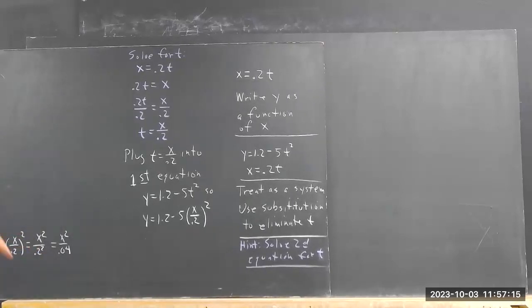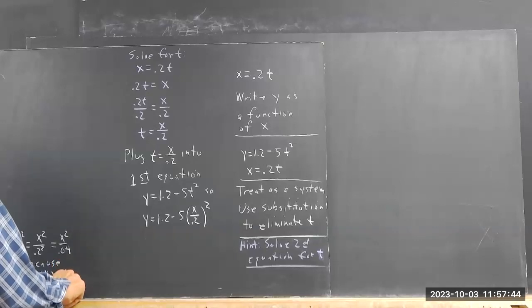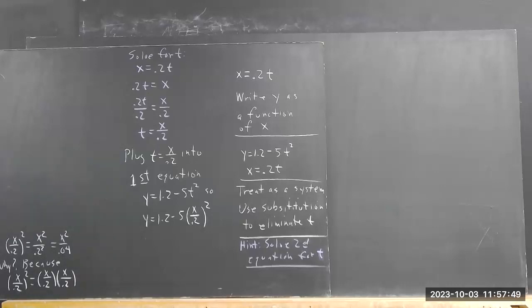Now, why is x over 0.2 squared equal to x squared over 0.2 squared? One, that's one of your rules of exponents. The other is because x over 0.2 squared equals x over 0.2 multiplied by x over 0.2. Then how do you multiply fractions?